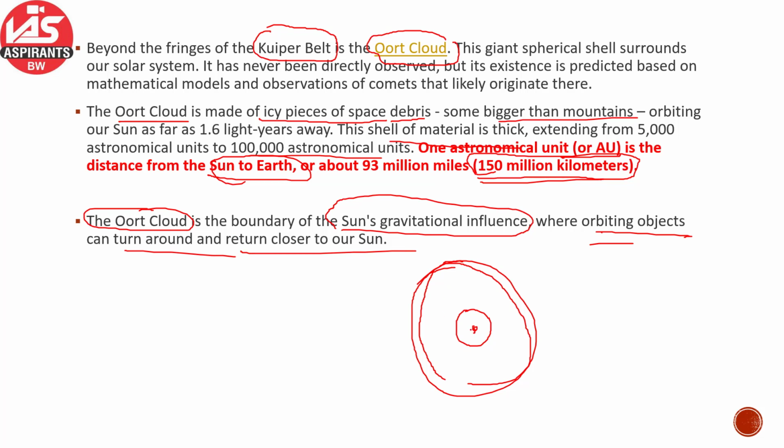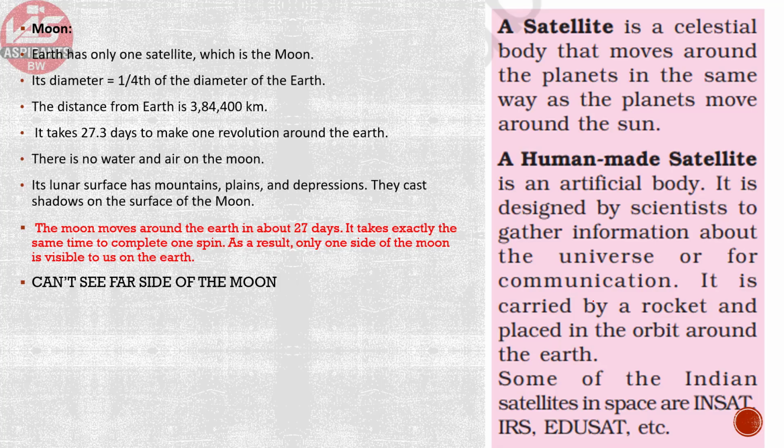The effect of the sun's gravitational force is not felt beyond the Oort cloud. Anything within the Oort cloud will orbit the sun. But why? Because of the gravity of our star, the sun. But if we go beyond that, the gravitational influence ends. Okay, so let's move forward.